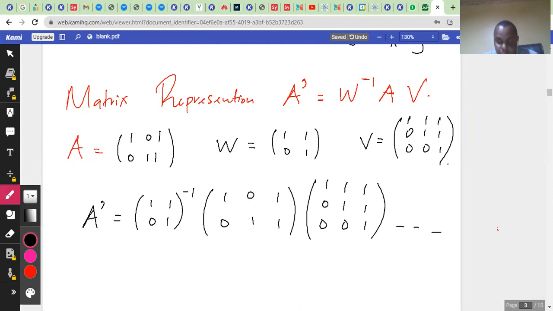But I don't remember this matrix representation formula. W inverse times A times V. You don't remember looking at it?